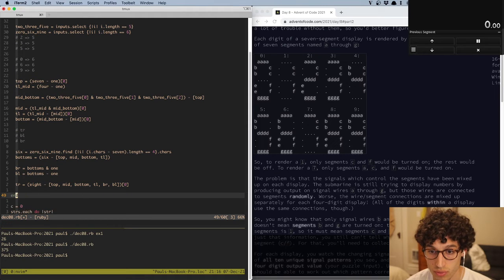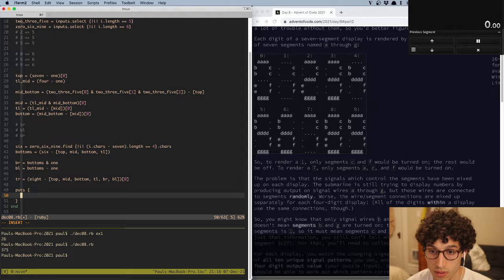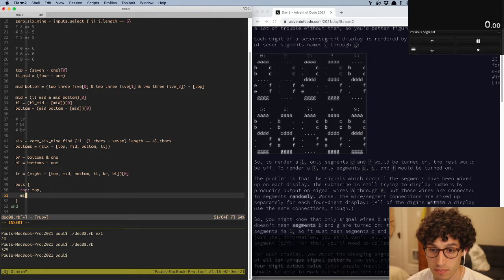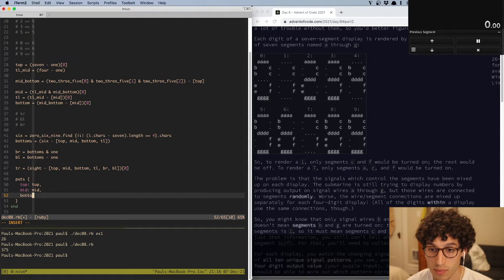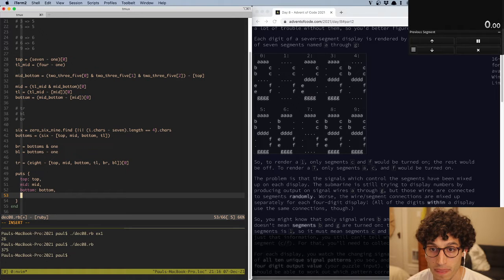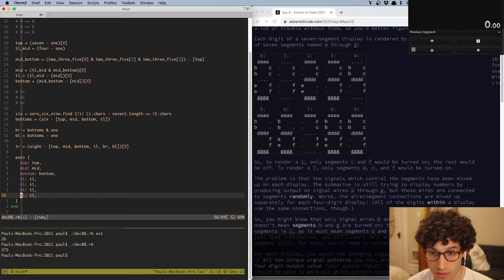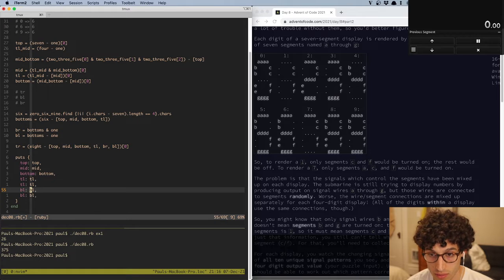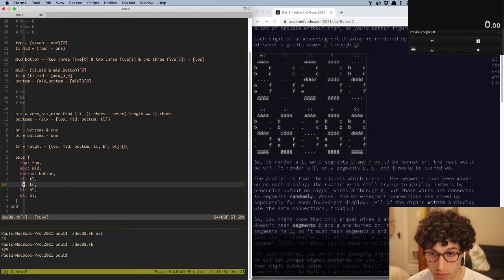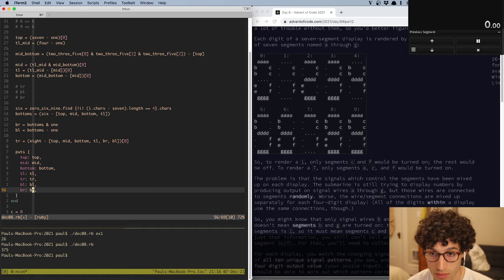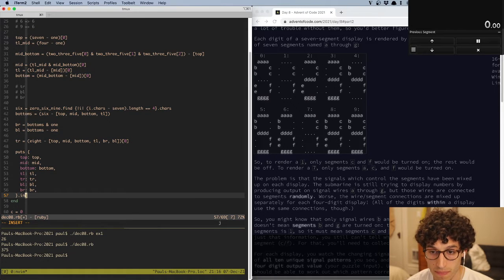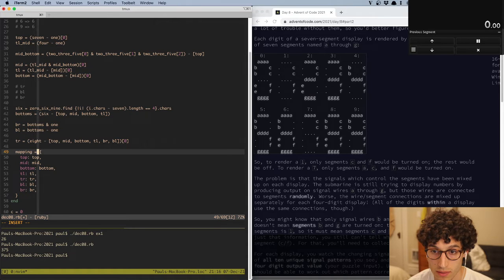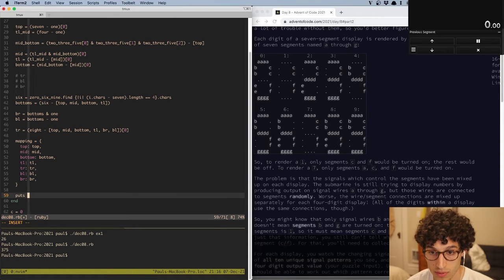Puts top, mid, bottom. Mapping. Puts mapping.inspect.